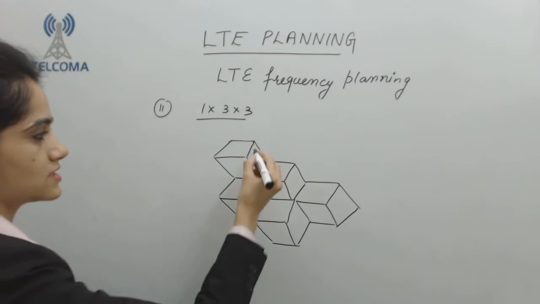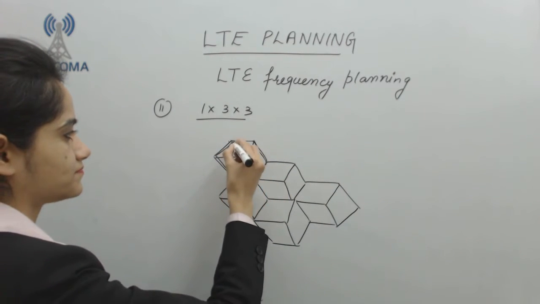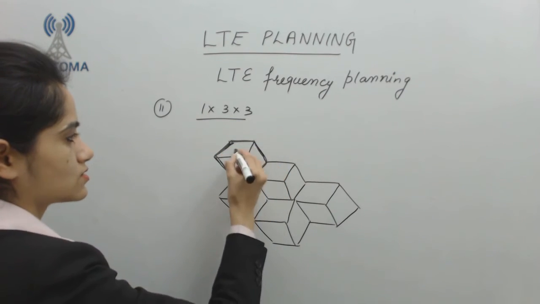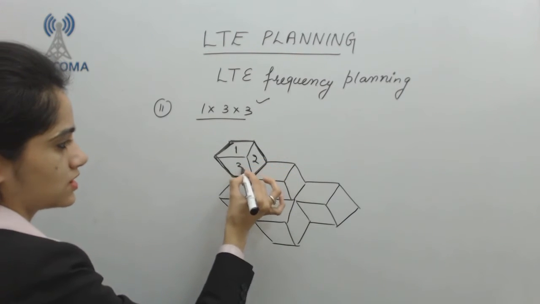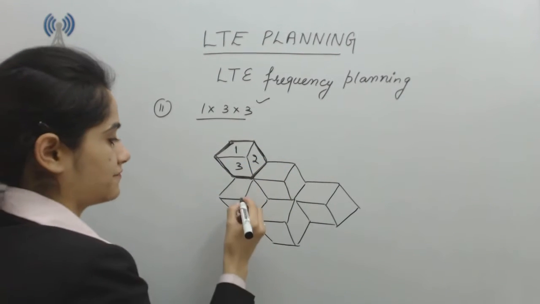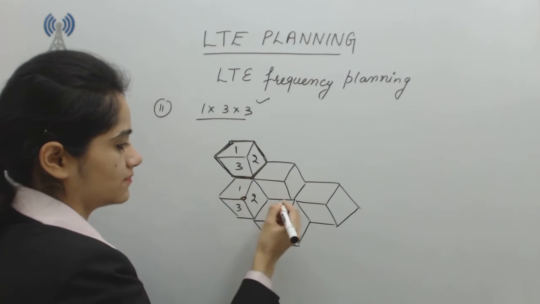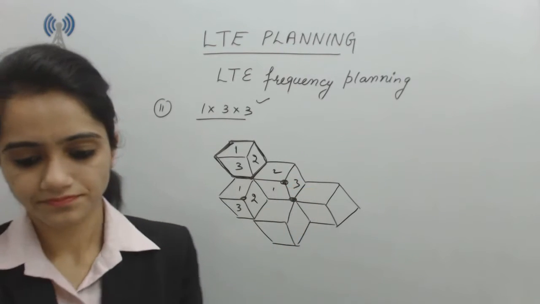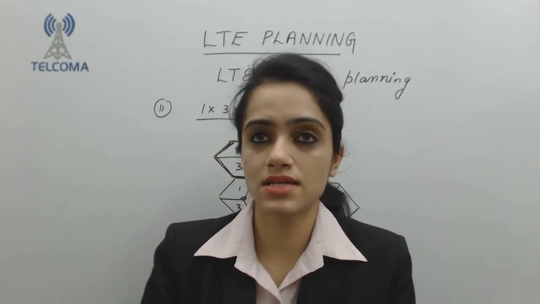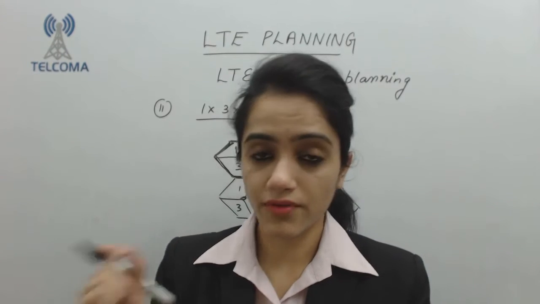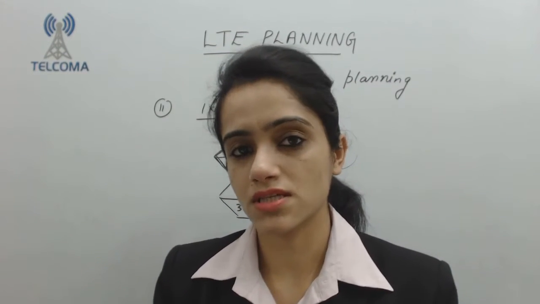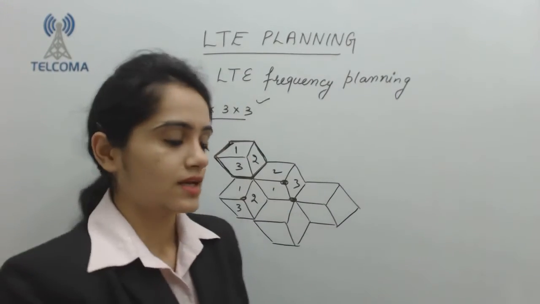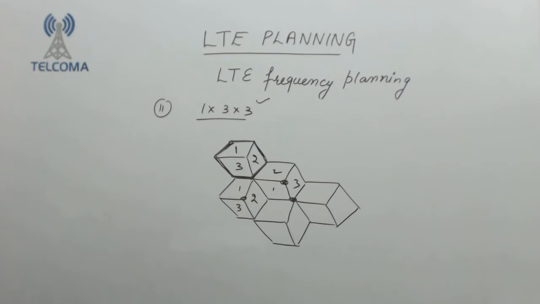If this is 1 eNodeB, I have 3 frequencies, 1, 2, 3. So with 1 eNodeB, I have 3 frequencies, 1, 2 and 3. I will allocate frequencies accordingly, because for 1 eNodeB, I have 3 different frequencies. In the previous case, for 1 eNodeB, I had only 1 frequency. So this is the second mode, 1 cross 3 cross 3.